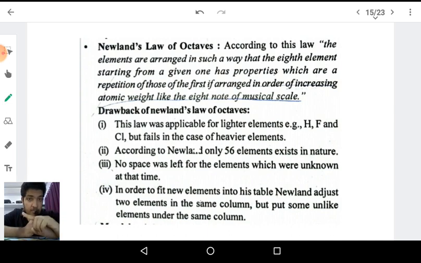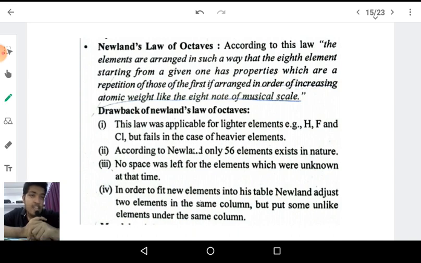So the first one is also a sa, and the last one is also a sa. That means the first and the eighth notes are repeating. Similarly, the properties of the first and the eighth element according to Newland's law of octaves are the same. That means the periodic properties, the physical properties of those elements are almost similar. That is the meaning of Newland's law of octaves.